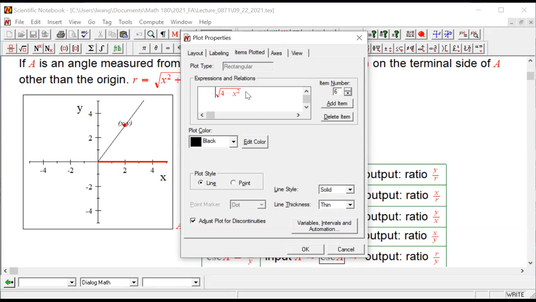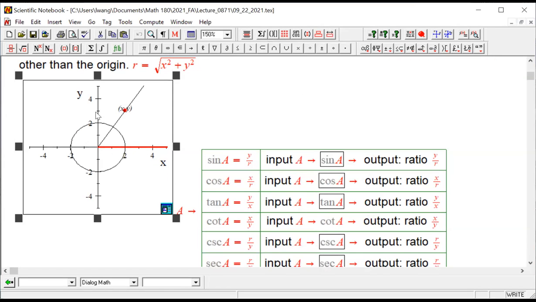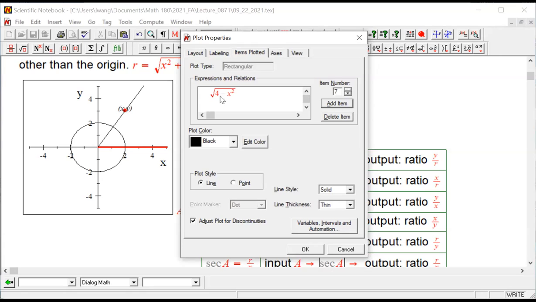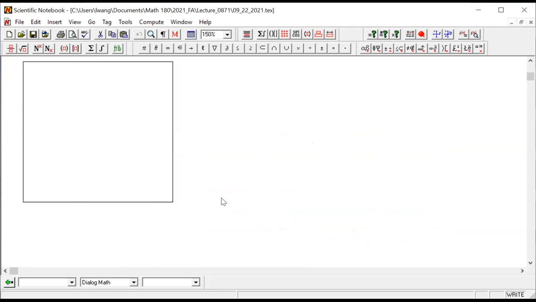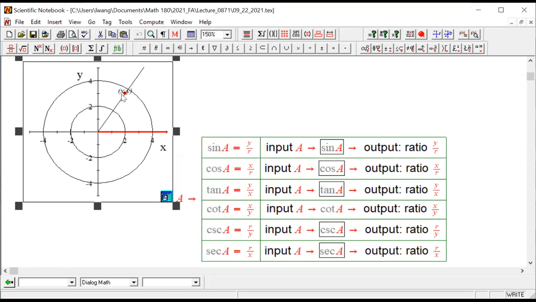Suppose I have a circle of radius 2, and then I have another circle of, say, radius 4. I have these different circles. Suppose I pick two points on these circles.